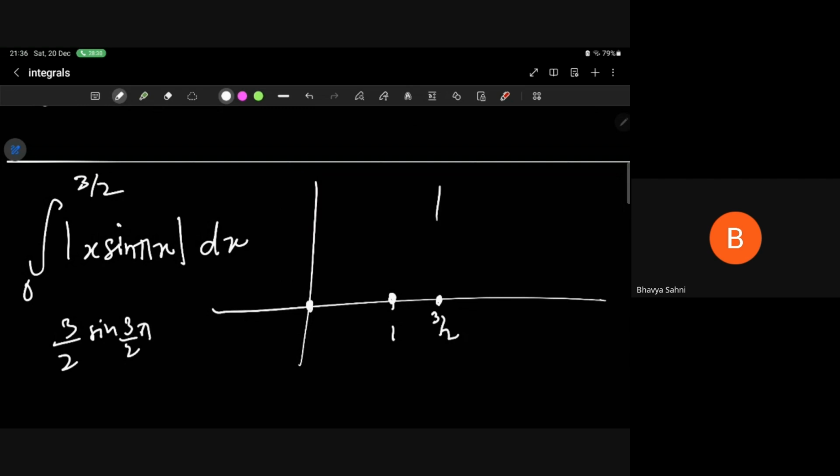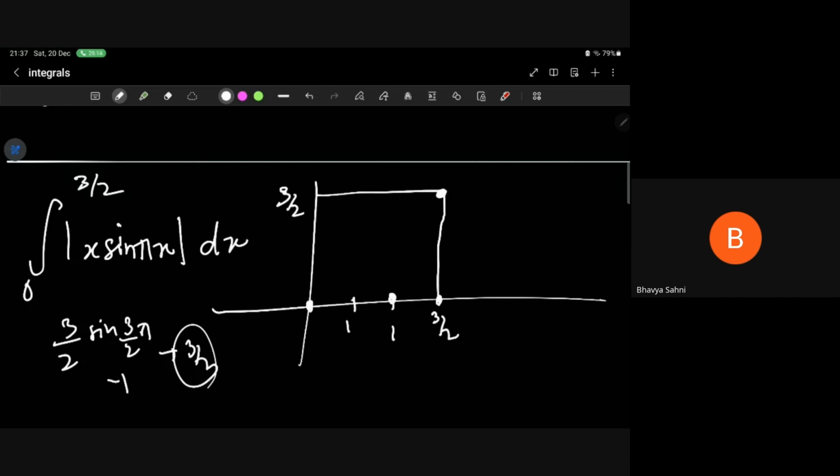Sine of 3 by 2 pi, going through 0, pi by 2, pi, 3 pi by 2 and 2 pi, is minus 1, so minus 3 by 2. But the mod changes it to plus 3 by 2. So the value will be 3 by 2 at this point.